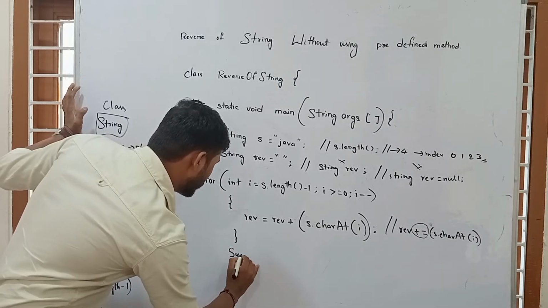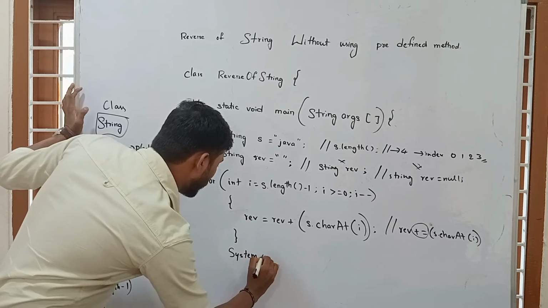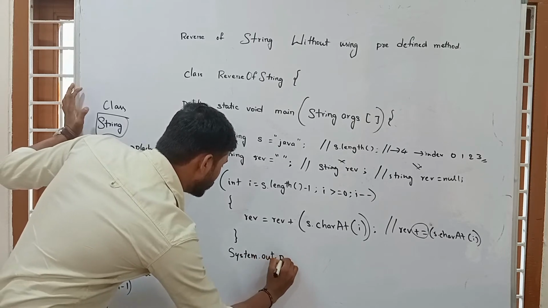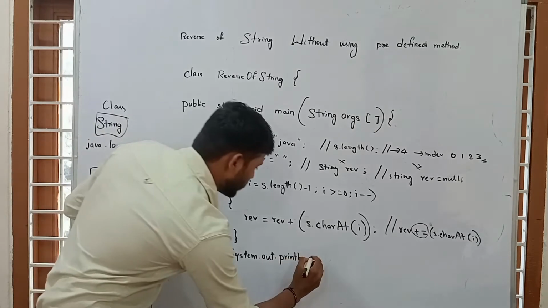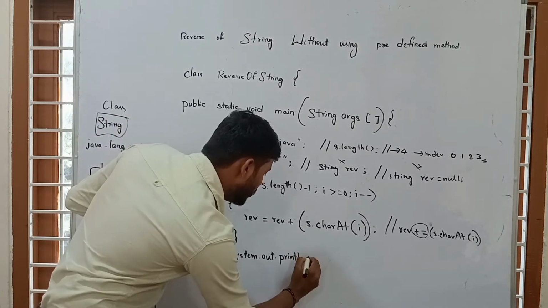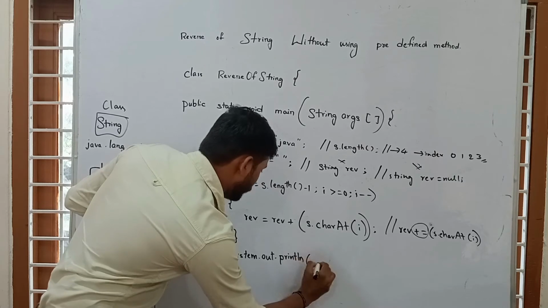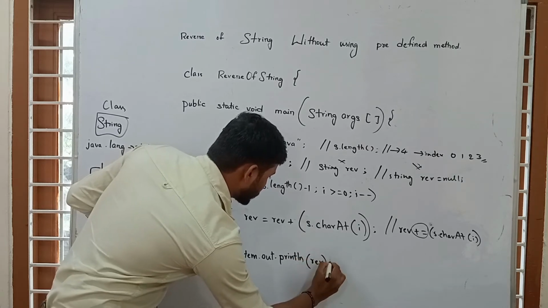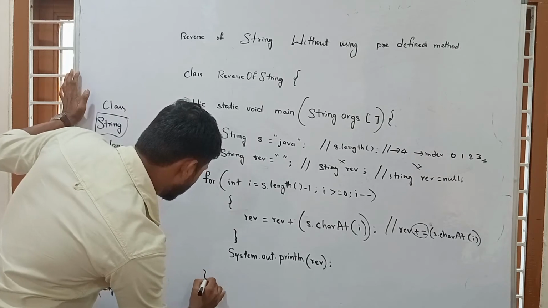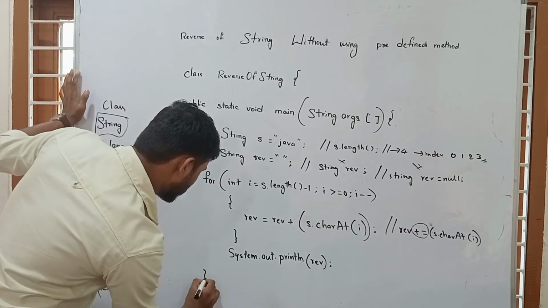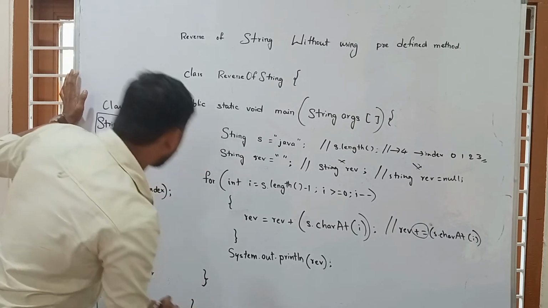Now I am writing System.out.println, finally printing the reverse, and then the method close and the class close.